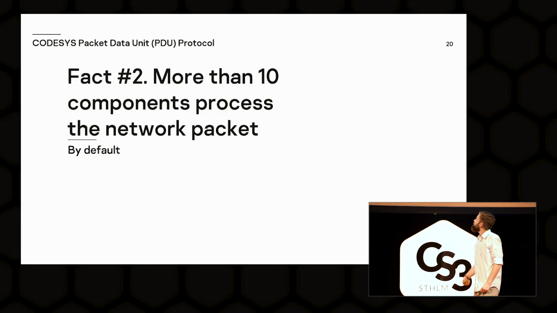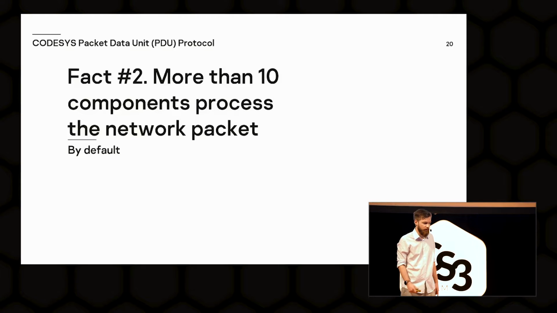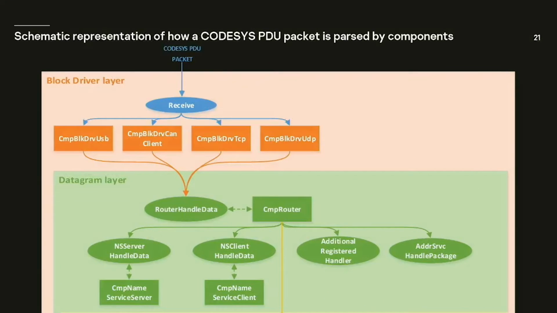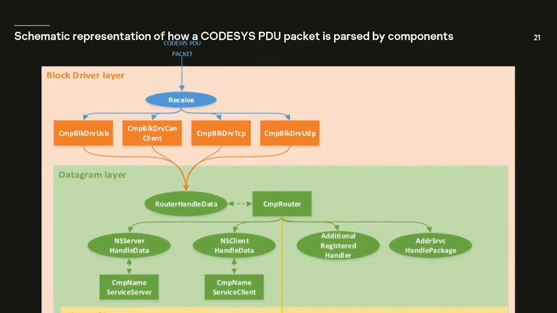Next, the fact that more than 10 components process the network packet. Here is our first layer, the block driver layer. The block driver just creates the capability to communicate over a physical interface like Ethernet or CAN bus and so on. The next layer is the datagram layer. It is tasked to route the packet to network discovery, open the network discovery service, and transmit the remaining data to the next layer.